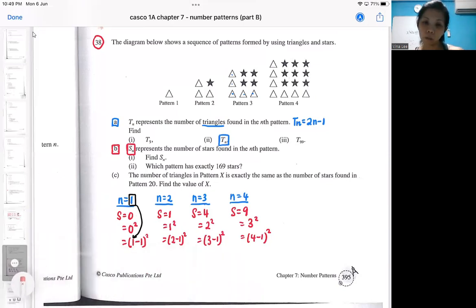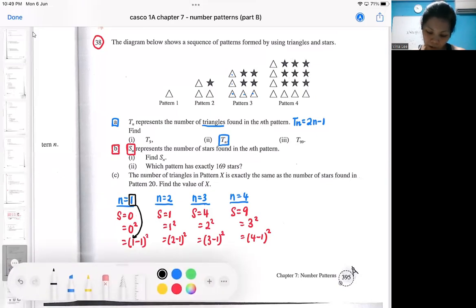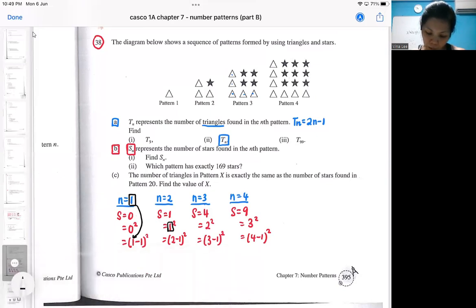Then the other one square, the 1 here is 2 minus 1. Then 2 is 3 minus 1. So subsequently, 3 is 4 minus 1. So that's how you put the n inside.